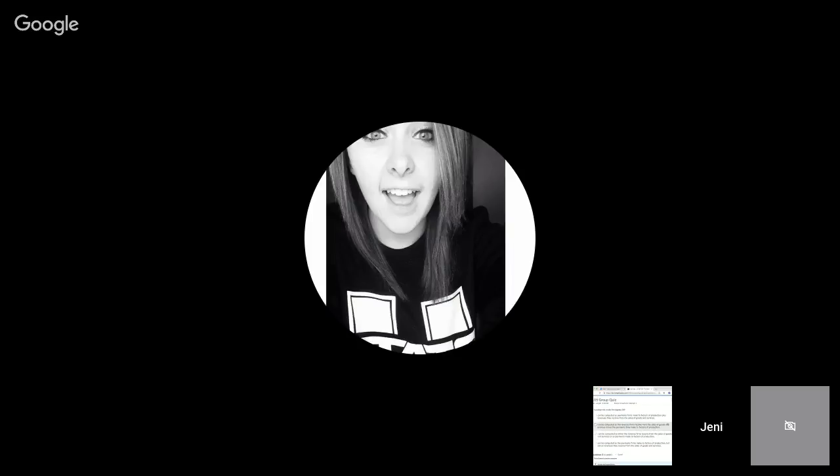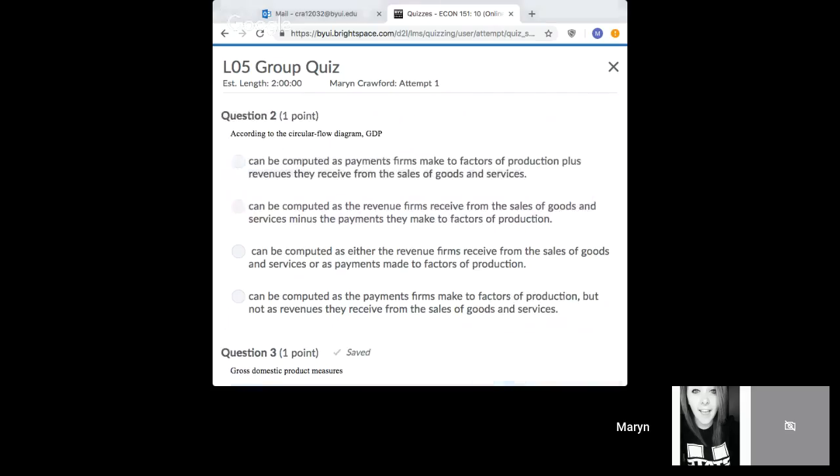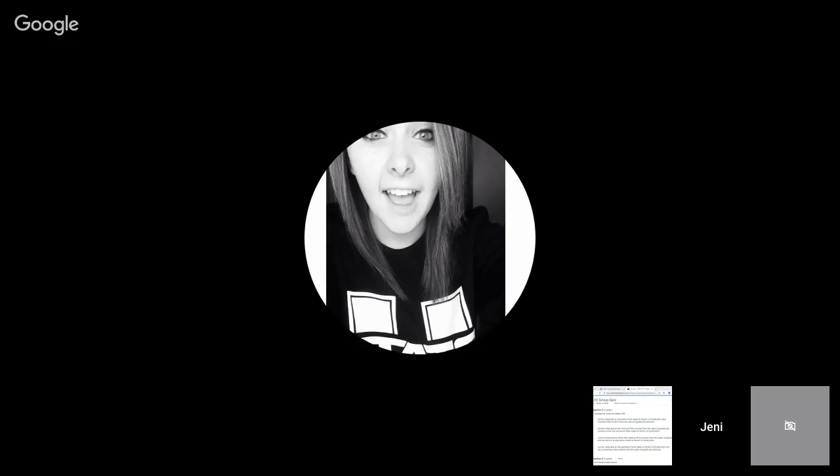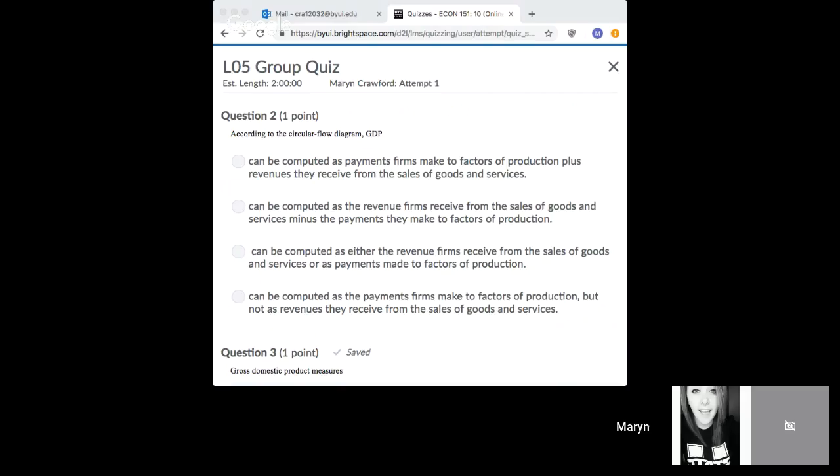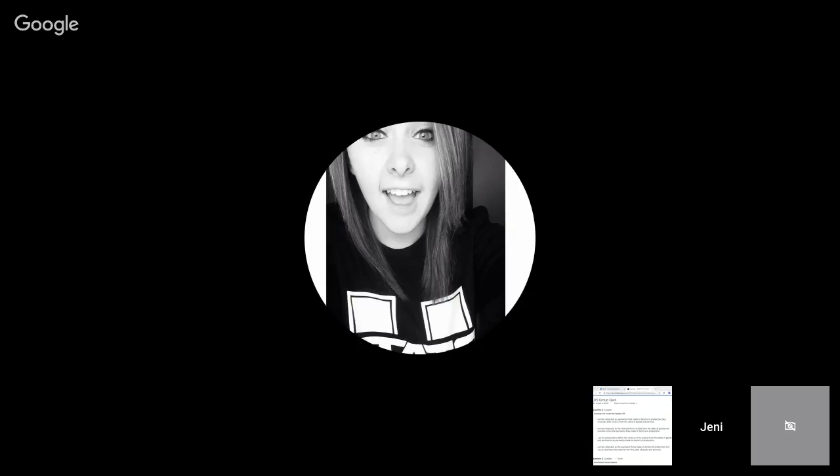Firms use their revenue from sales to pay wages to workers. GDP equals the total wages, rent, and profit paid by firms in the markets for the factors of production. So it can be computed as the revenue firms receive from sales minus the payments they make.